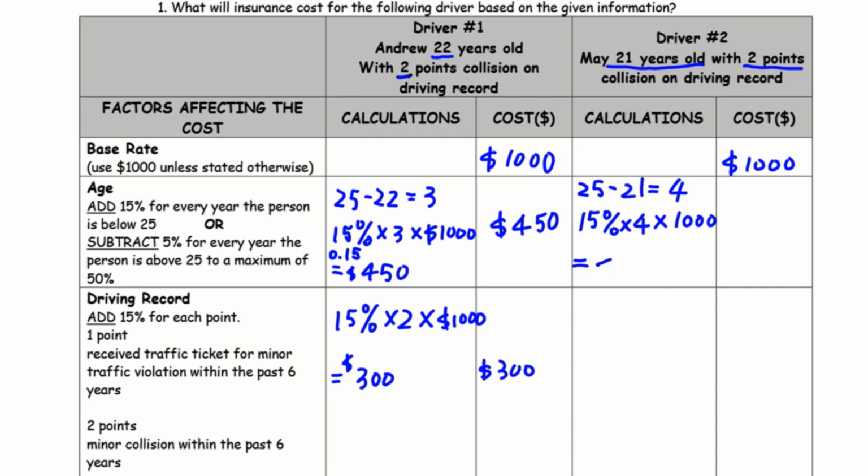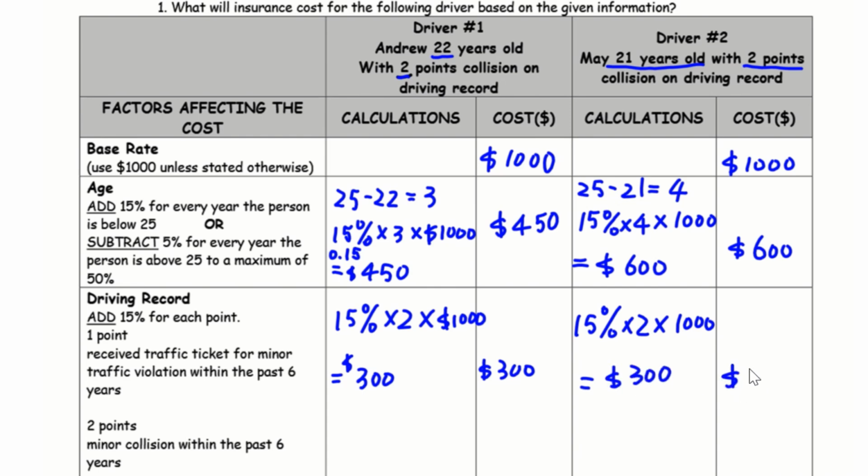We have $600. And after that, the 2 points will be the same thing. Each point is 15%. You have 2 points, then times 2, then times 1,000. You will have the same thing, $300.